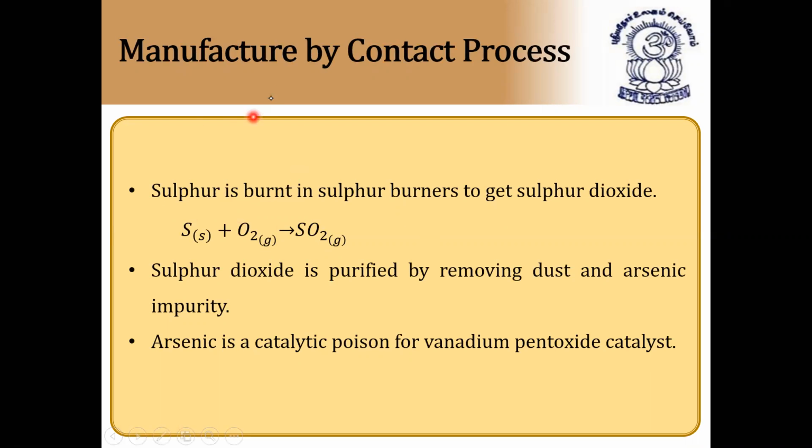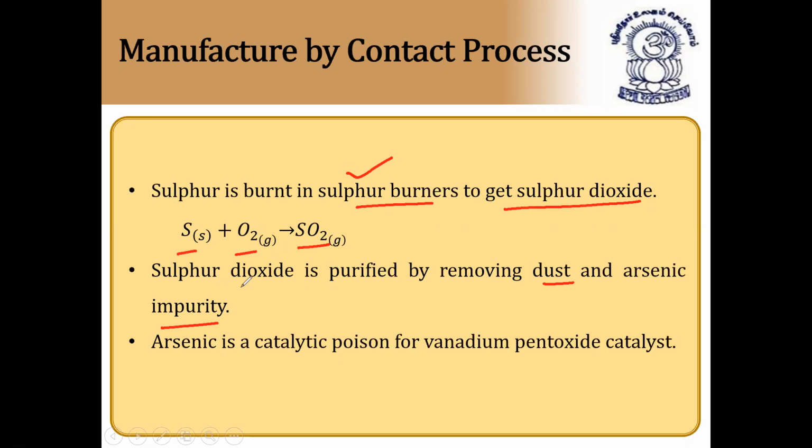It's easy to understand and very important also. First, sulfur is burnt in air in sulfur burners to form sulfur dioxide. Second step, this sulfur dioxide is purified by removing dust and arsenic impurity.